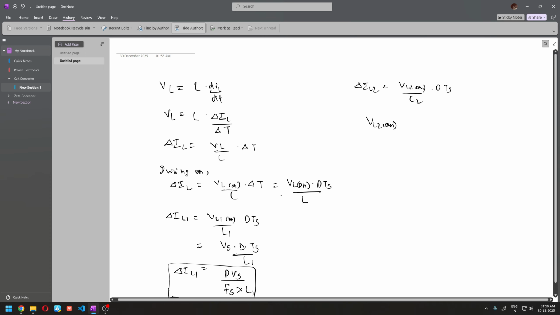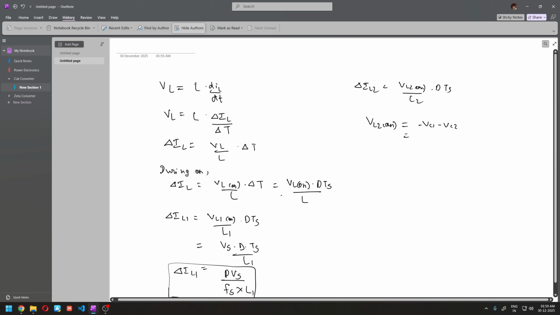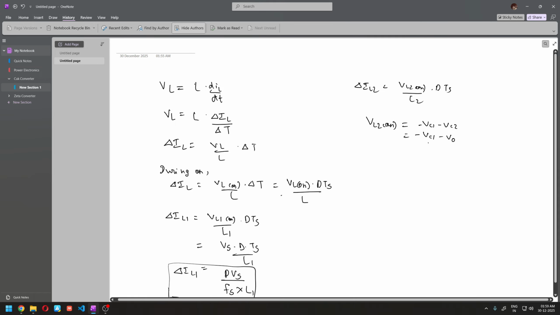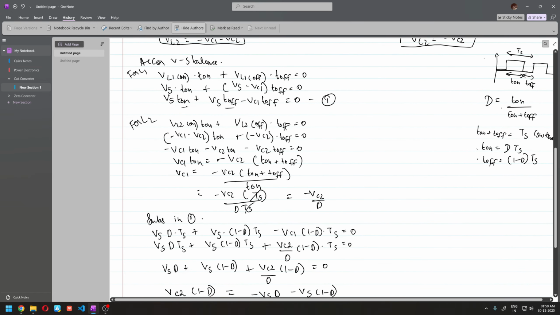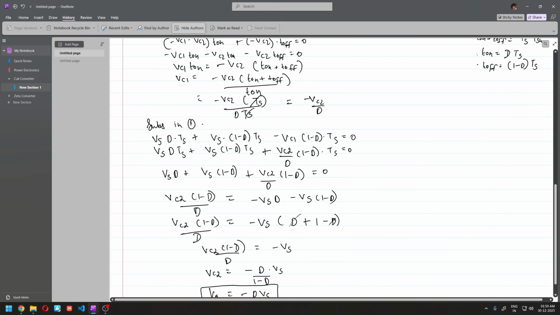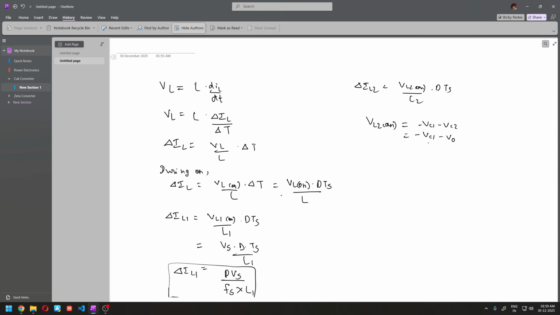I'll move this on top. So okay, VL2 on is this. Let's rewrite that. Vc2 is basically V0, as I said, and Vc1 we can get from the derivation which we did. That's why deriving the duty cycle first is good, because we get the relation. This was the relation. So Vc1 is minus Vc2 by D. So if we write this here, minus of minus Vc2 by D minus Vc2, let's maybe keep that Vc2 for now. So we have this.